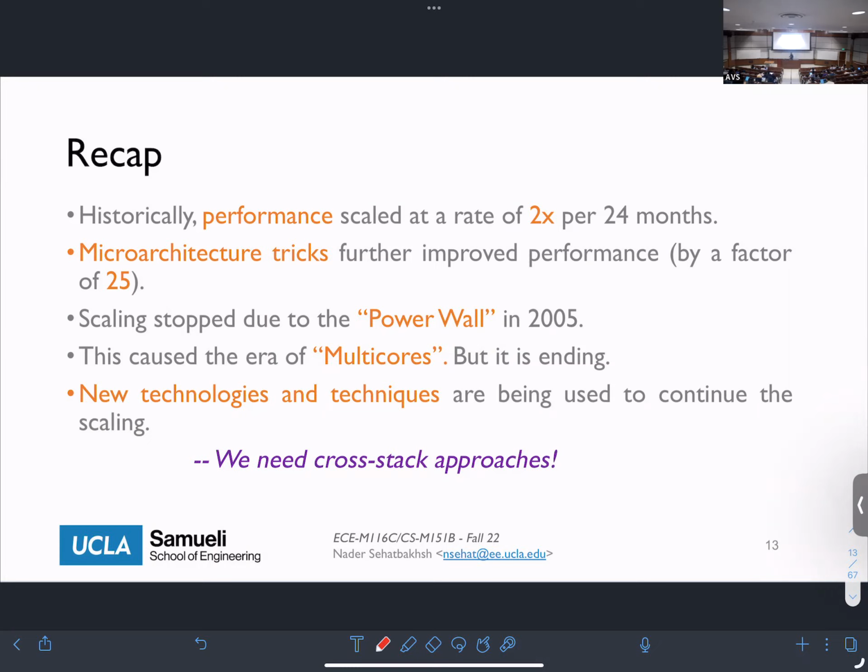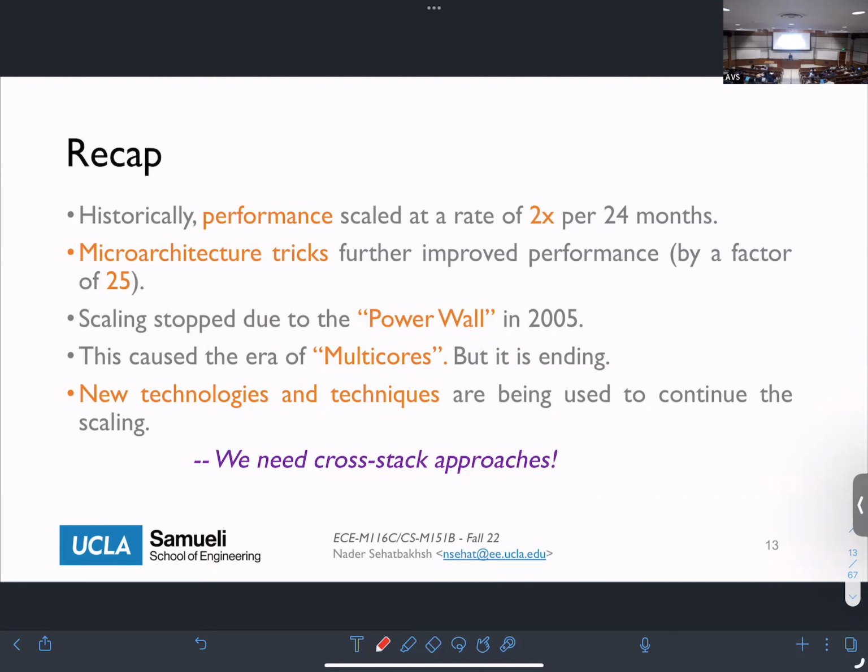And the important thing in all of this, as I told you at the beginning of this class, is that regardless of whether you're going to work as a hardware designer or computer architecture designer, operating system designer, or just pure software, backend developer or web developer and so on, you need to understand how your system works, essentially how your hardware works, because we no longer can get the performance we want if we just say, oh, hardware is going to take care of it or software is going to take care of it.